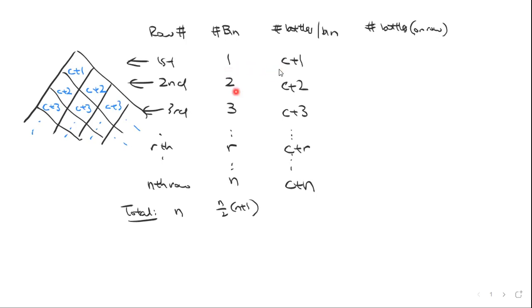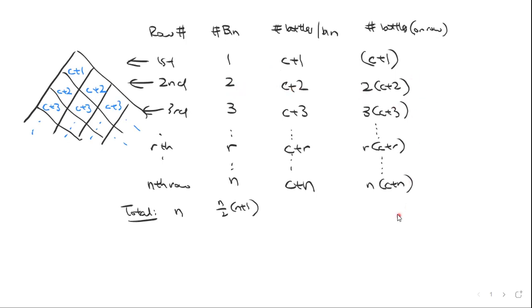So that's C plus 1 on the first row, 2 times C plus 2 on the second row, 3 times C plus 3 for the third, R times C plus R for the Rth, N times C plus N for the nth. Given you're trying to find the total, you just want to add up those things.